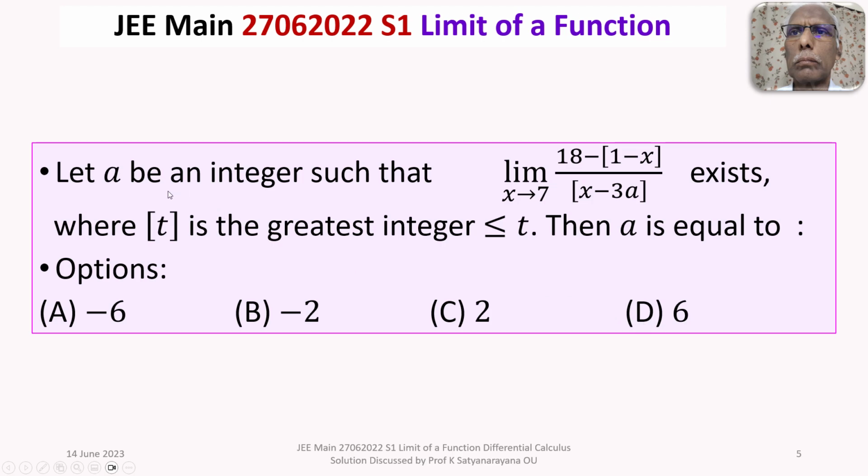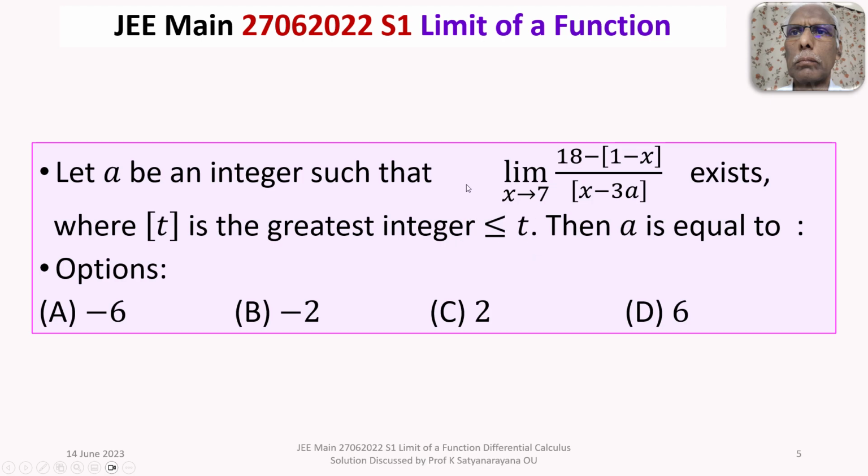So we have an integer a and we are given the limit as x tends to 7 of this function exists, where this function is 18 minus bracket of 1 minus x, by bracket of x minus 3a, where bracket t is the greatest integer less than or equal to t.